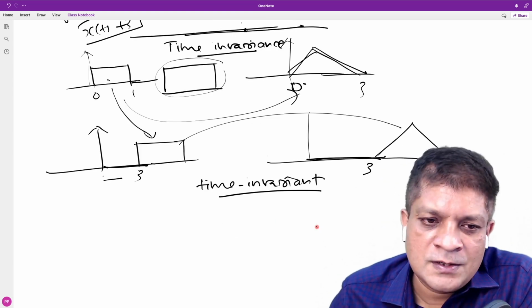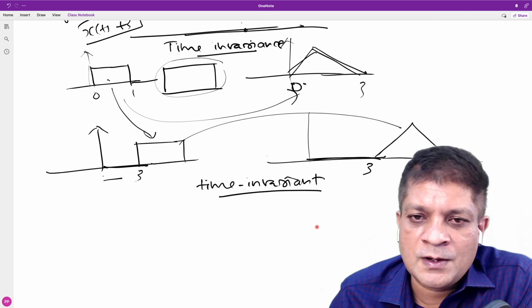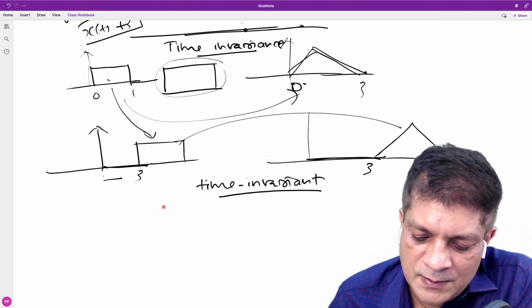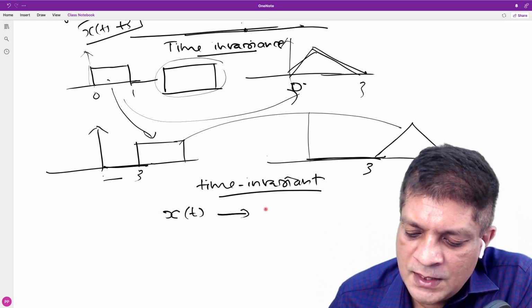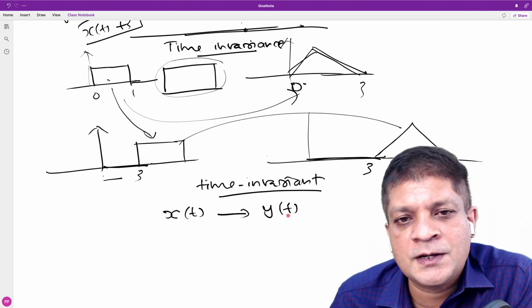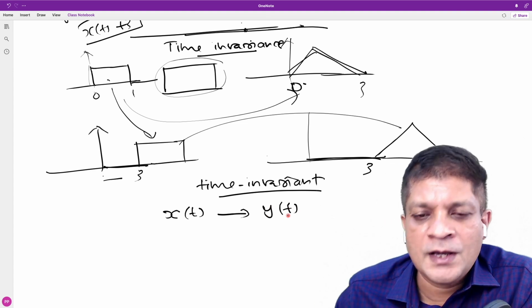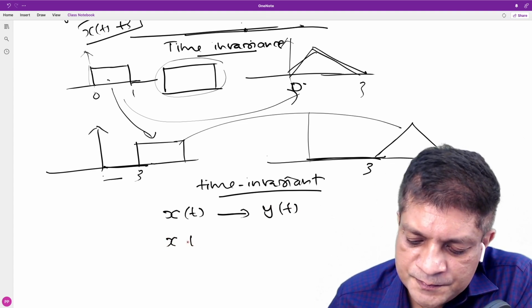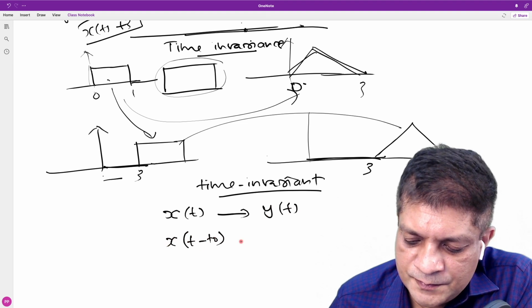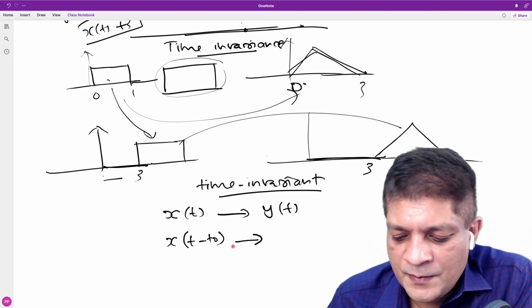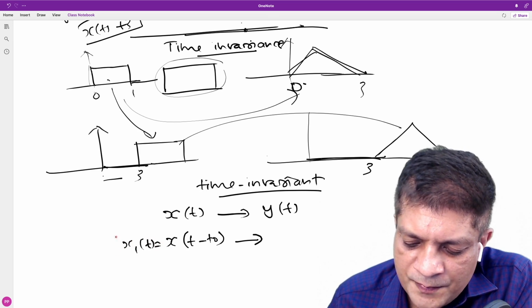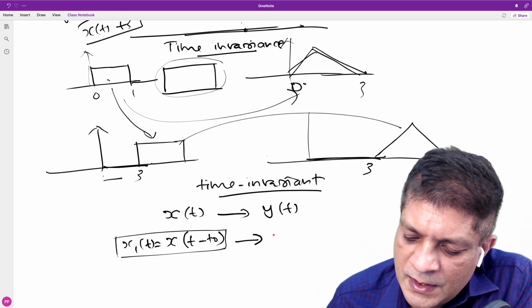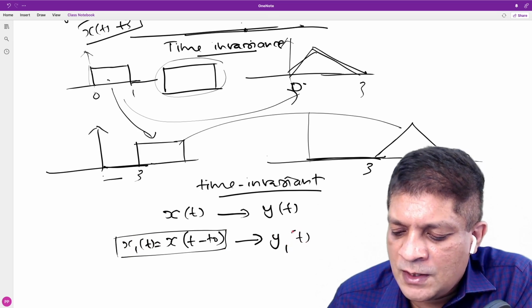So how can we write it mathematically? When can we say that a system is time invariant? If we are given a system x(t), and let's say the corresponding output is y(t). Now, if we delay that input, let us say this is another input we are giving, x1(t), and we are getting some output signal y1(t).